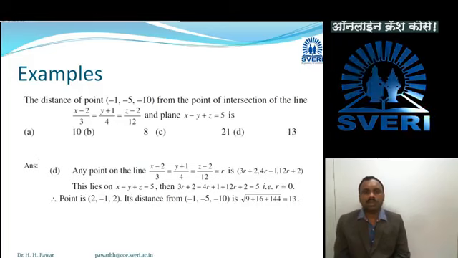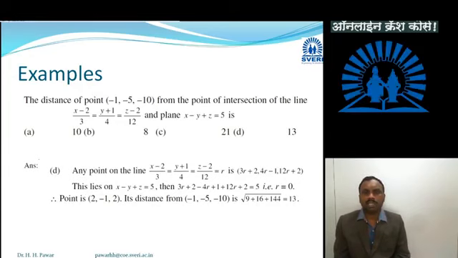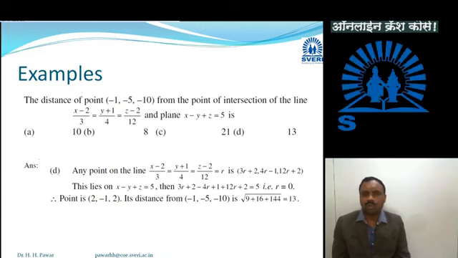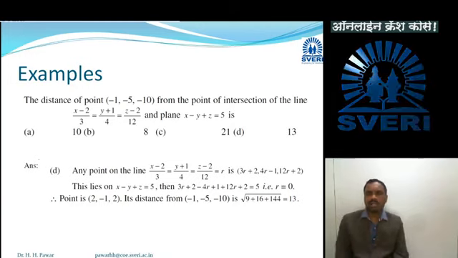Next, the distance of the point (minus 1, minus 5, minus 10) from the point of intersection of the line (x minus 2)/3, (y plus 1)/4, (z minus 2)/12, and the plane x minus y plus z equal to 5. Any point on the line equal to r is nothing but (3r plus 2, 4r minus 1, 12r plus 2).